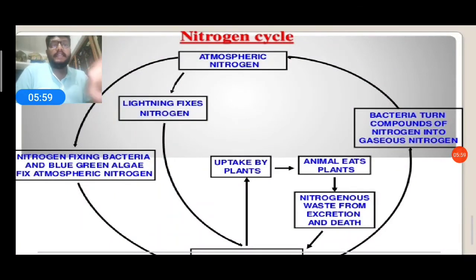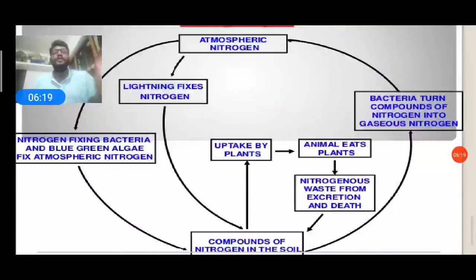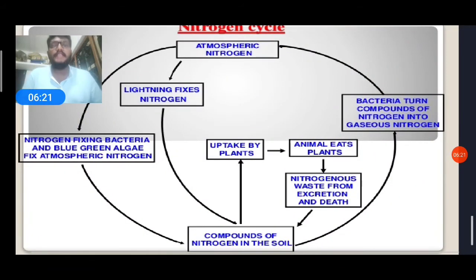See, here the atmospheric nitrogen, 78% of the gas, is not in a useful form for plants as well as animals. Some of the nitrogen is converted by nitrogen fixation bacteria and blue green algae into a usable form for plants as well as animals. Some of the nitrogen is fixed by lightning during thunder in the atmosphere.